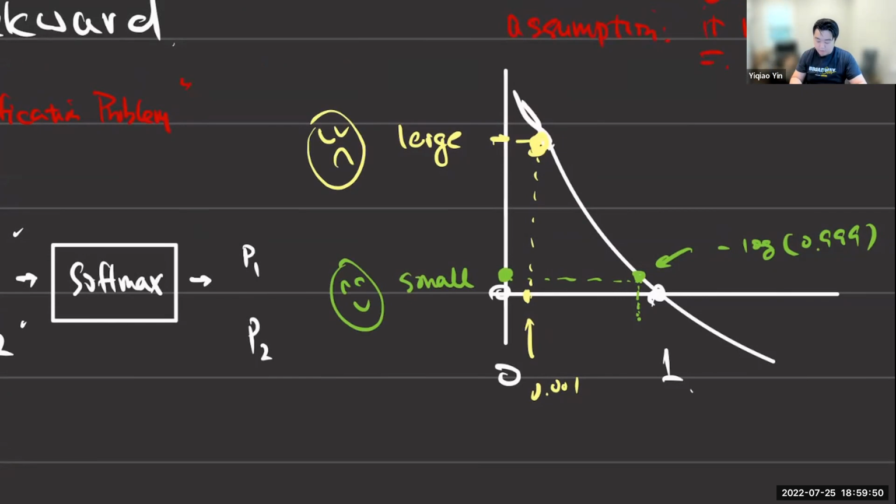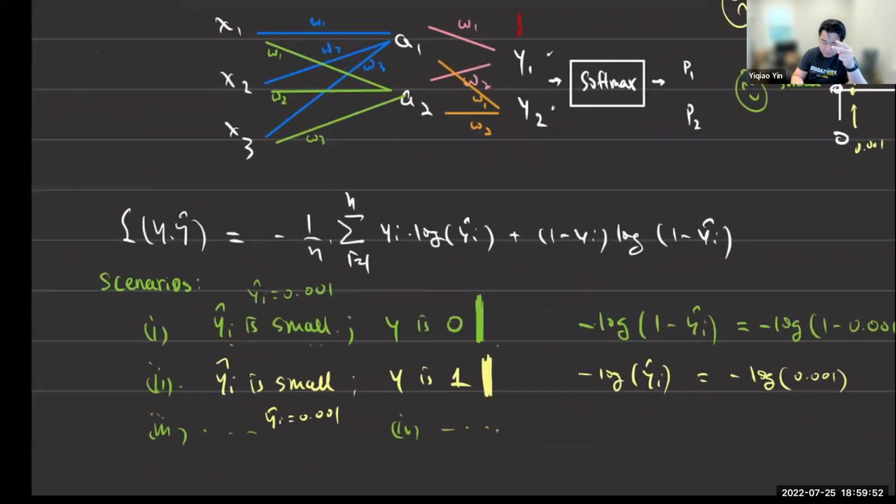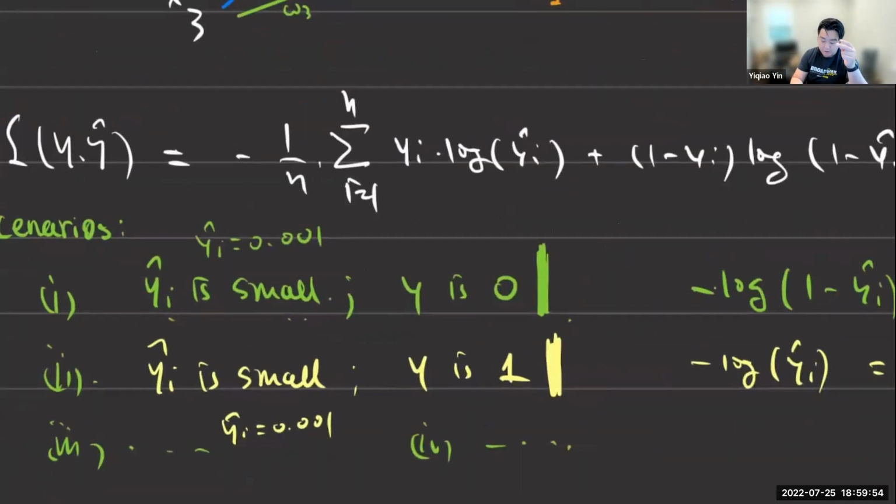Once again, we work out 2 scenarios. What are the 2 scenarios? You are guessing a small probability, but if y is 0, you're good to go. It's a good model. The second scenario is you're guessing a small probability, but the class is class 1. Then that's a problem, the model is bad. It's not accurate.